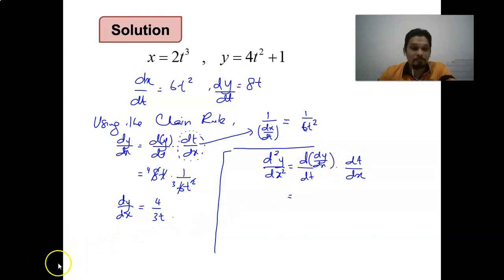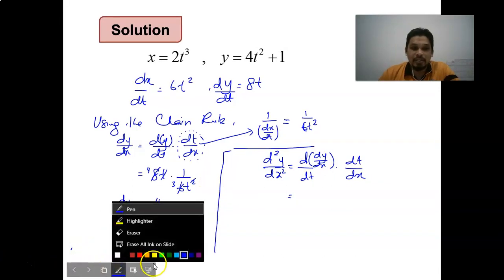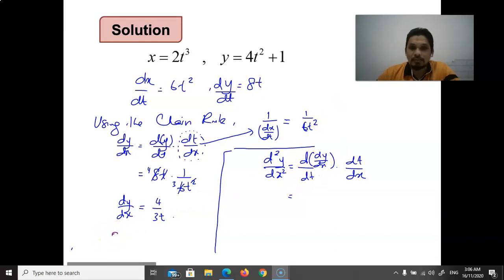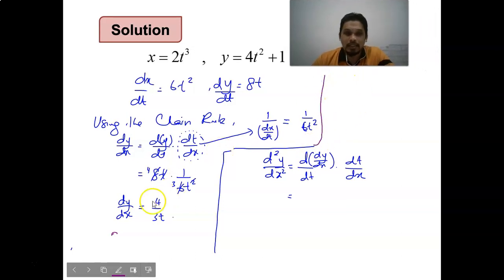What about this one here now? I'm going to use a different color of ink to show the solution of this. We are going to derive dy/dx, that is, differentiate dy/dx with respect to t.